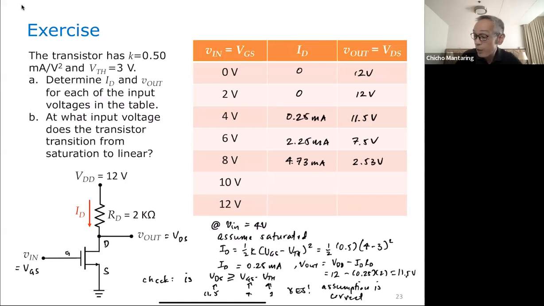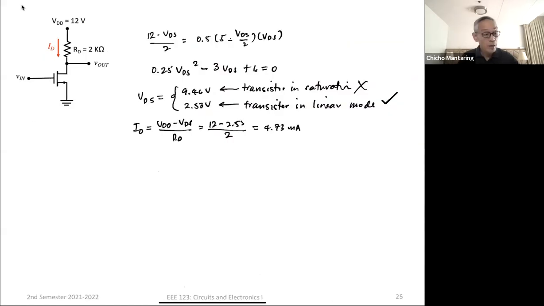What I want to focus on right now is this: at what input voltage does the transistor transition from saturation to linear? So let's try to solve this. When does the transition happen? We want to determine the transition from saturation to linear.